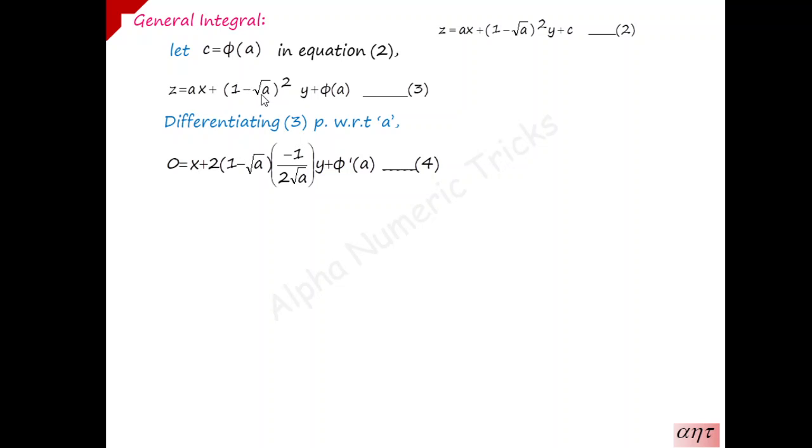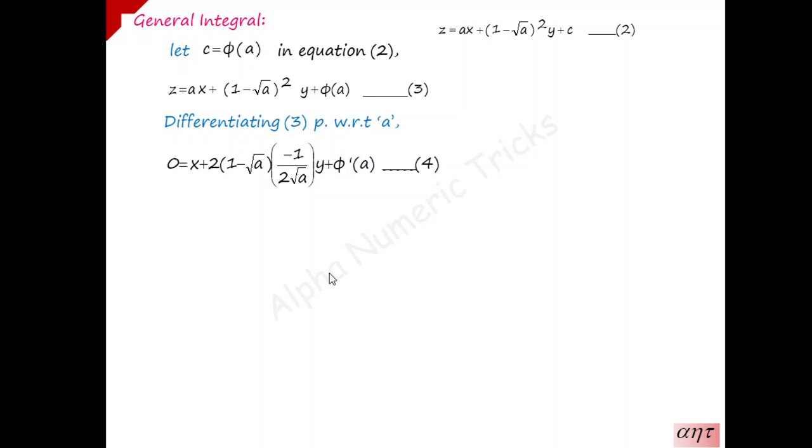What is the differentiation of (1 - √a)²? 2(1 - √a) into the differentiation of (1 - √a) with respect to a. The differentiation of 1 becomes 0 because it is constant, and the differentiation of -√a is -1/(2√a). So you have -1/(2√a) into y, plus the differentiation of φ(a) with respect to a, which is φ'(a).